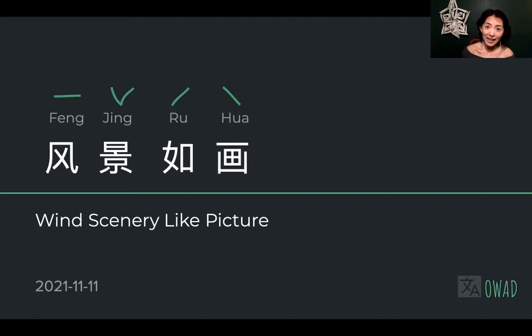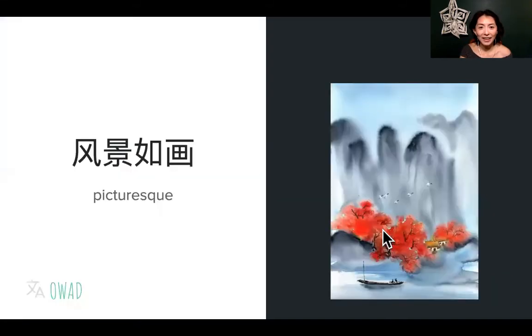That's the third one. And then the falling tone is the fourth one. Without pronunciation, just the tones, it would sound like ah, ah, ah, ah. You will hear more of that later on. So much about the pronunciation. And altogether, it simply means picturesque.